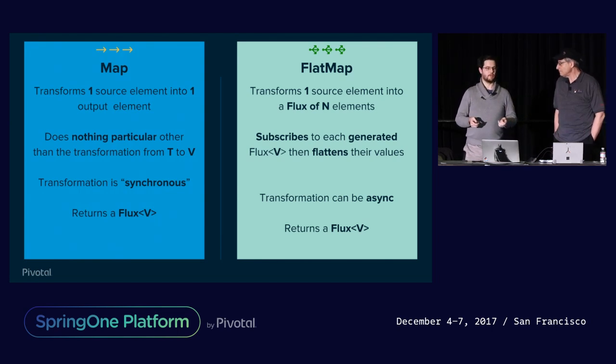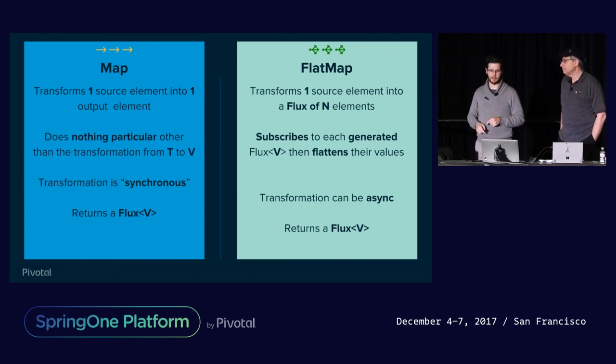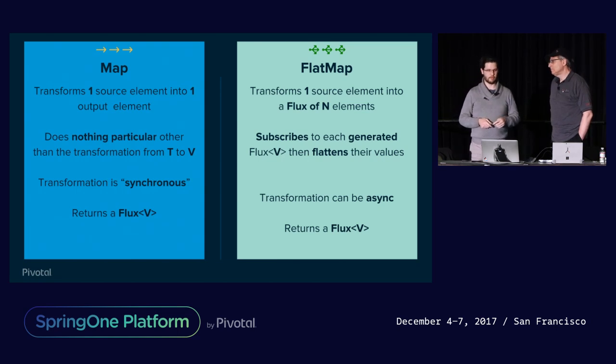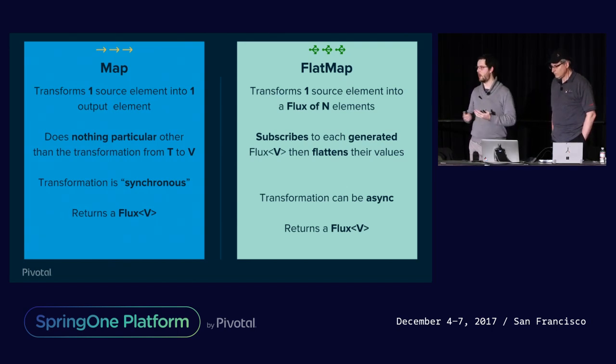The mapping function in flat map actually goes from T to publisher of V. But interestingly, as you can see at the bottom, it still returns a flux of V. So going from a flux of person to a flux of names, despite having a signature that takes a publisher of names. So how is it possible and why?